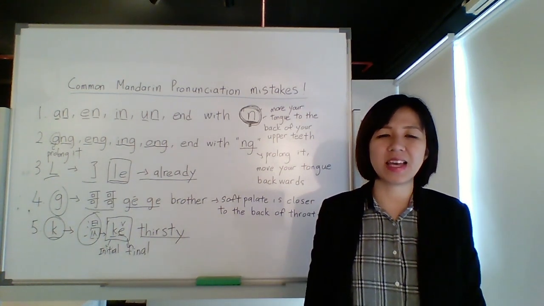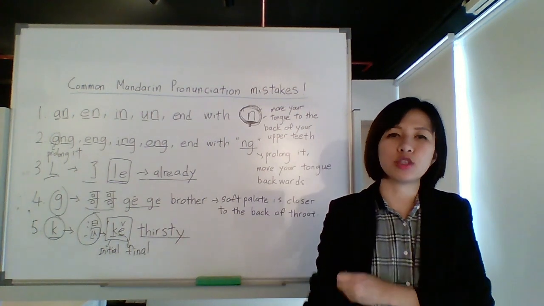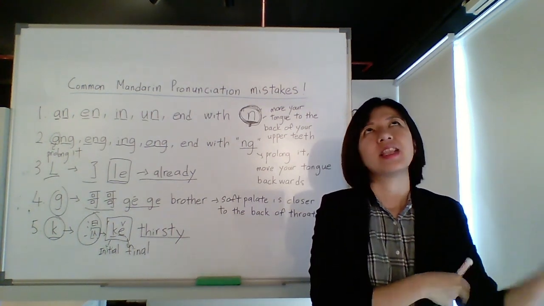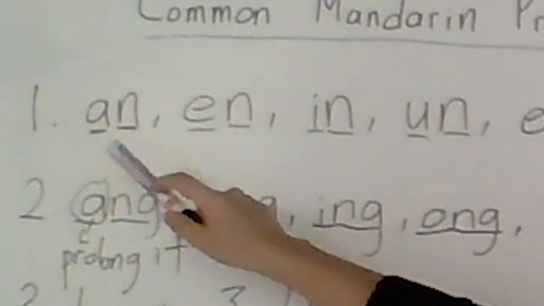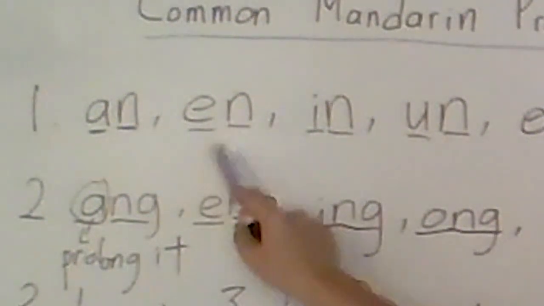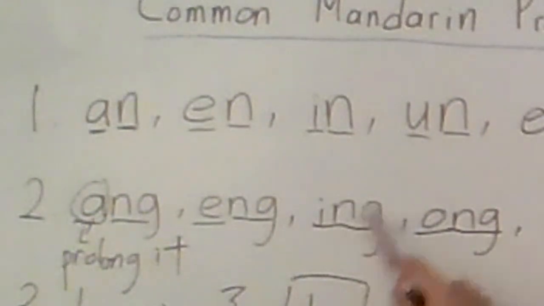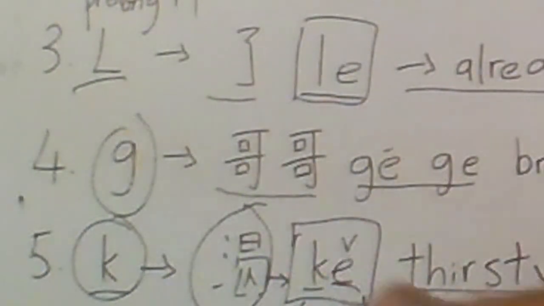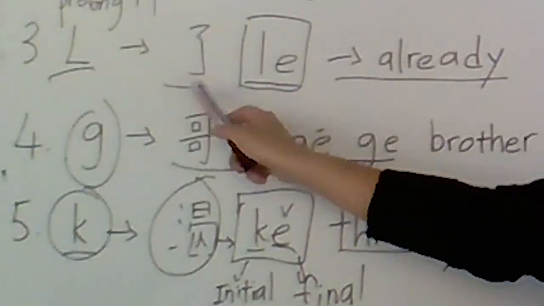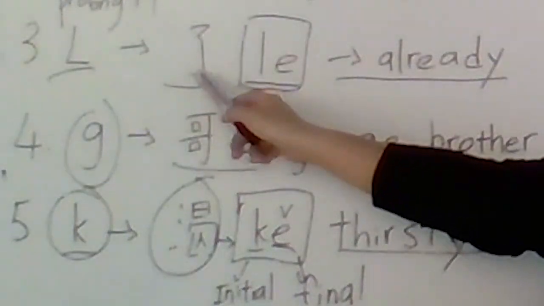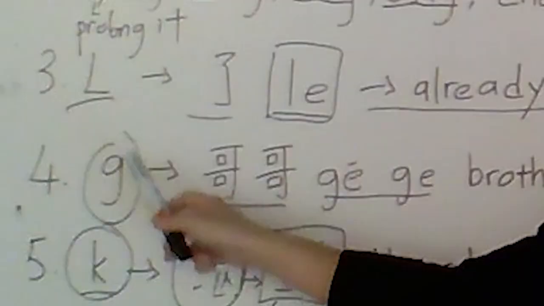Okay, this is my lesson for the common mistakes. Before we end the lesson, let us do one more revision. An, in, yin, wen, ong. Okay, this one. Le, already.